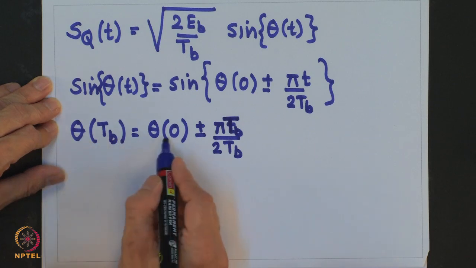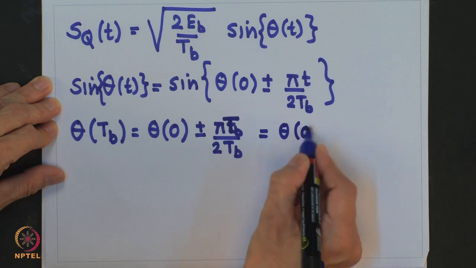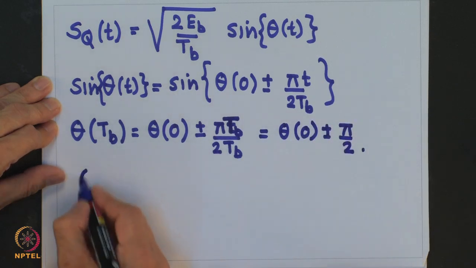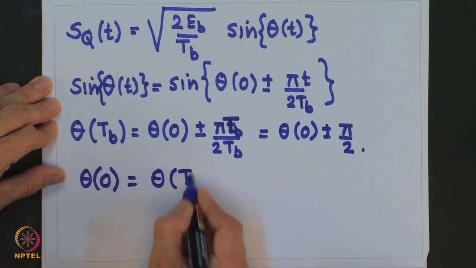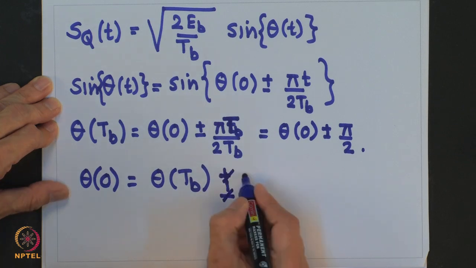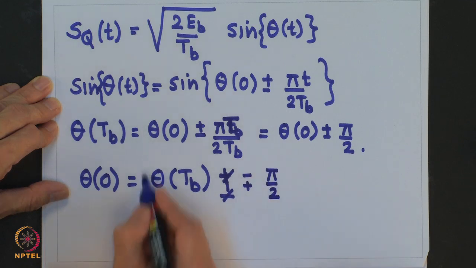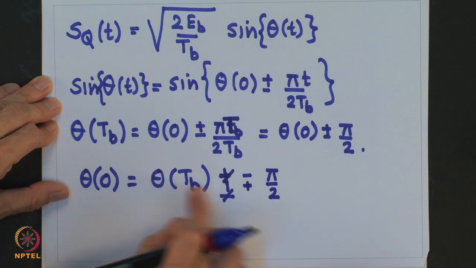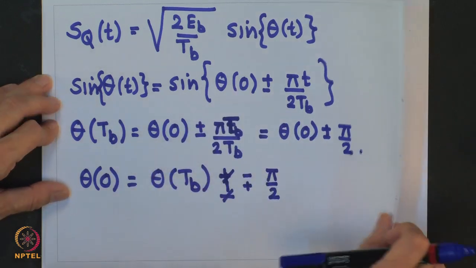So, theta Tb is going to be this. So, what it implies is that this is equal to theta 0 plus minus pi by 2. So, this implies that theta 0 is equal to theta Tb. This should be not plus minus, this should be minus plus pi by 2, correct. So, I am going to use this theta Tb equal to minus plus pi by 2 into this, and let us see what we get.